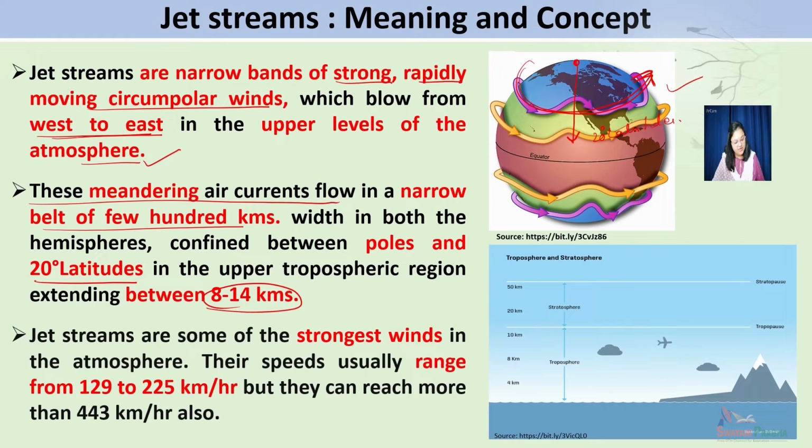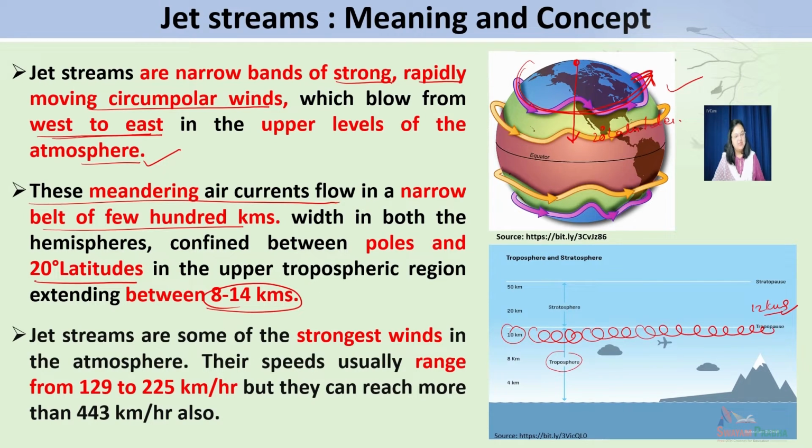So as you can see in the diagram, the upper limit of the troposphere is on an average 12 kilometers, and troposphere extends more over the equatorial areas and it is compressed near the polar areas. So these jet streams blow somewhere around the upper regions of the troposphere.